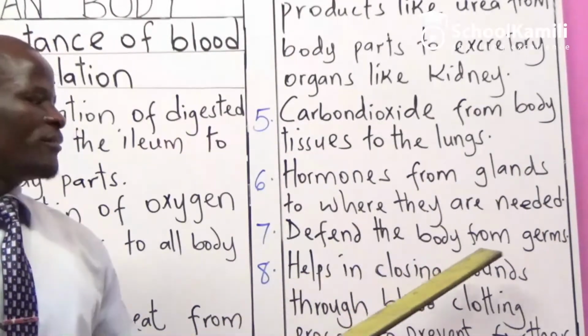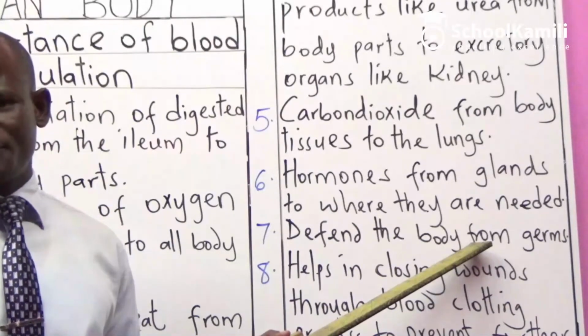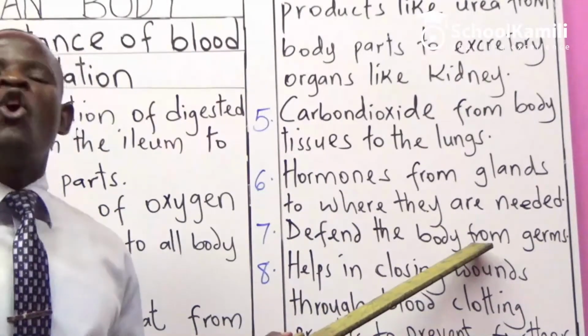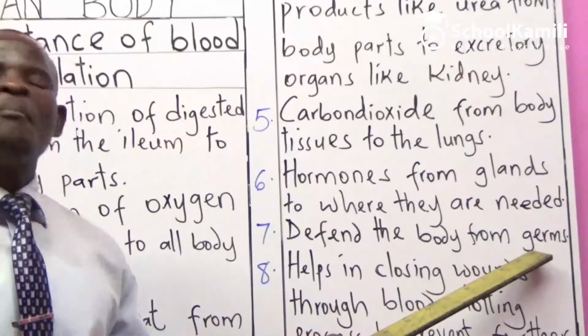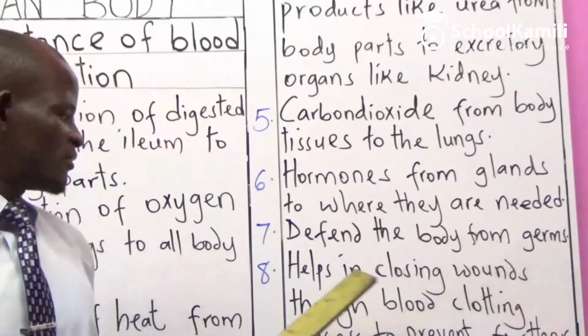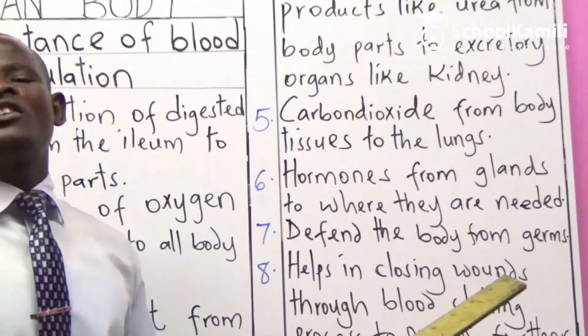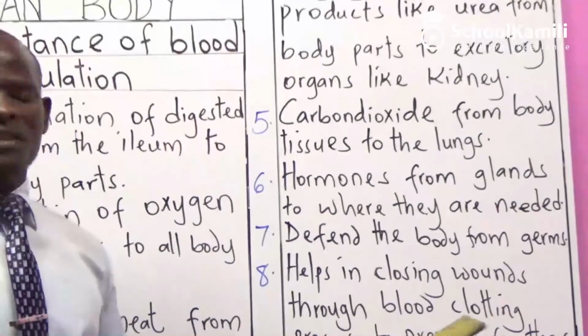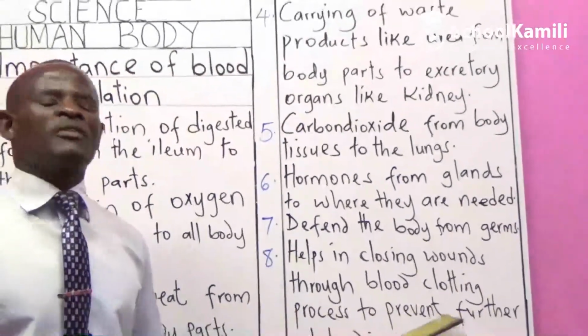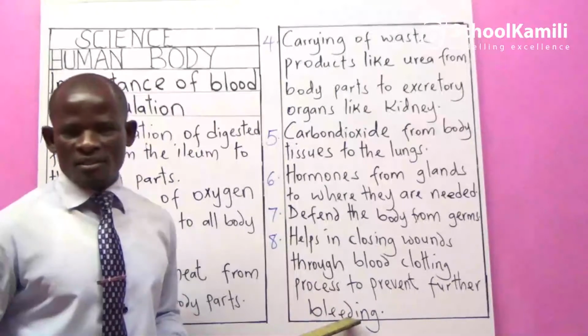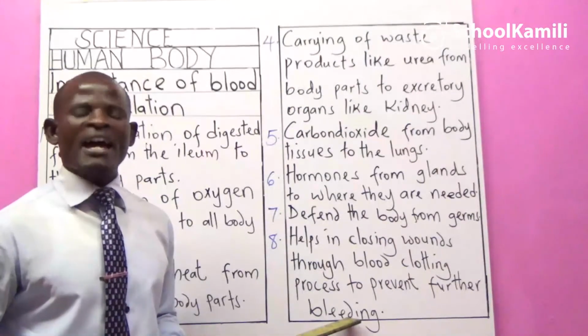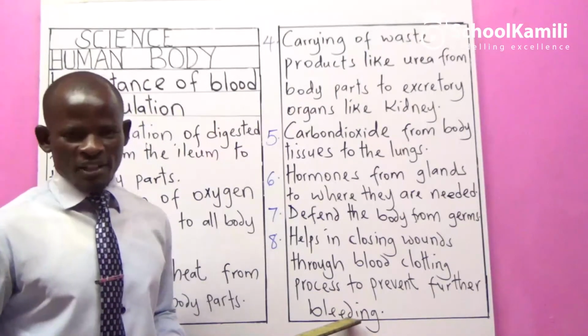Then defend from the disease-causing microorganisms called germs by the white blood cells. Helps the closing of wounds through the blood clotting process to prevent further bleeding with the aid of vitamin K and calcium as a mineral.